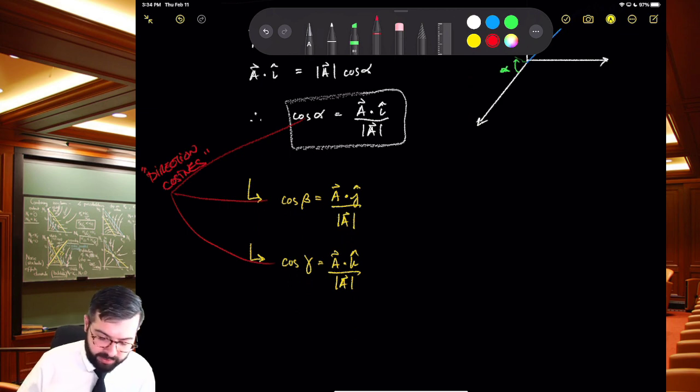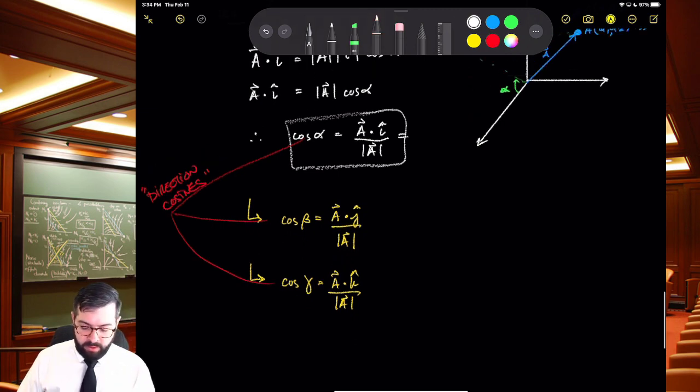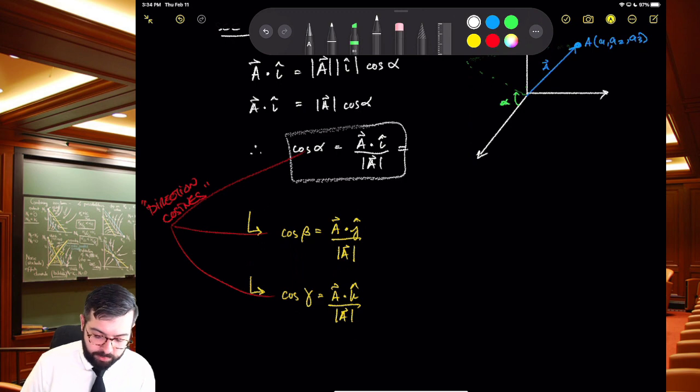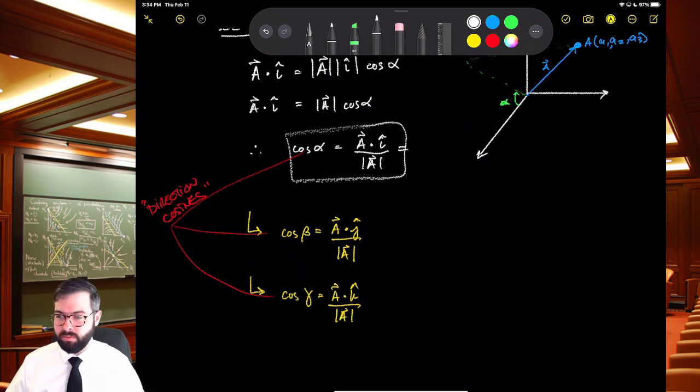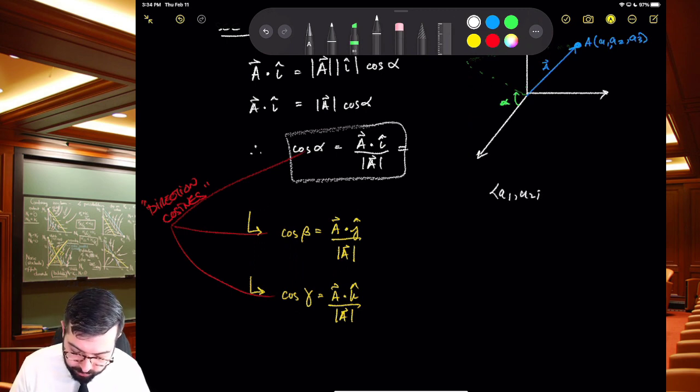And we can simplify this a bit further too, right? What happens when you dot a vector with the basis vector? Well, the component that's non-zero in that direction is going to stay, and the other two are going to drop to 0, right? What happens if I dot A1, A2, A3 with 1, 0, 0?